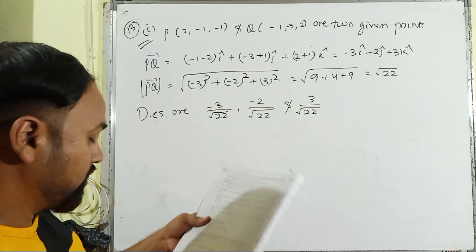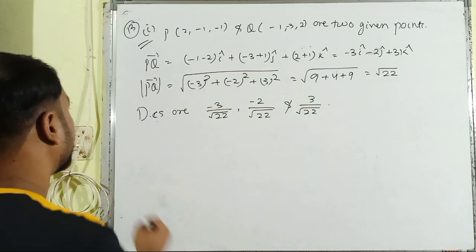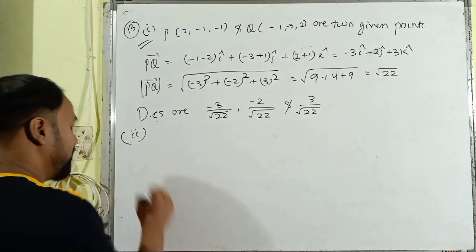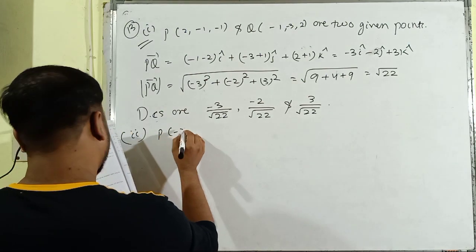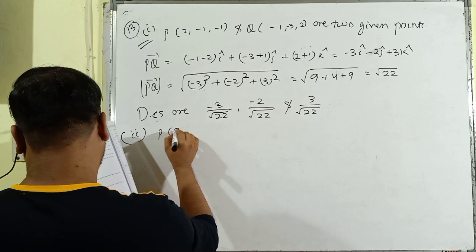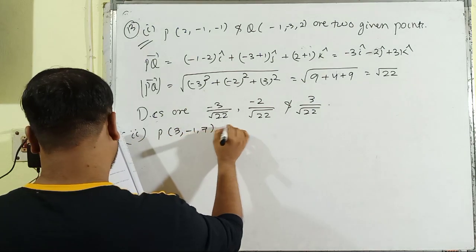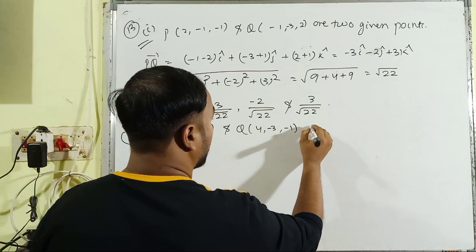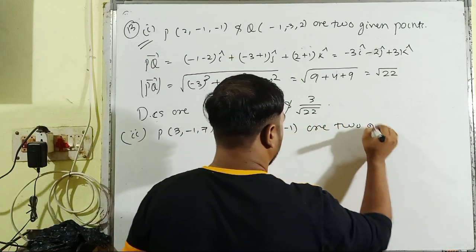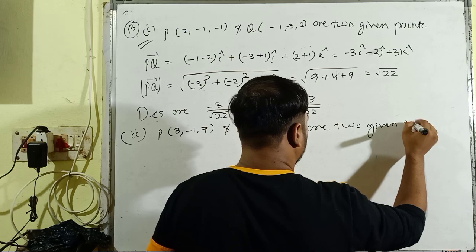Then the second question, second bit of number 13. Here the two given points are P (3, -1, 7) and Q (4, -3, -1).